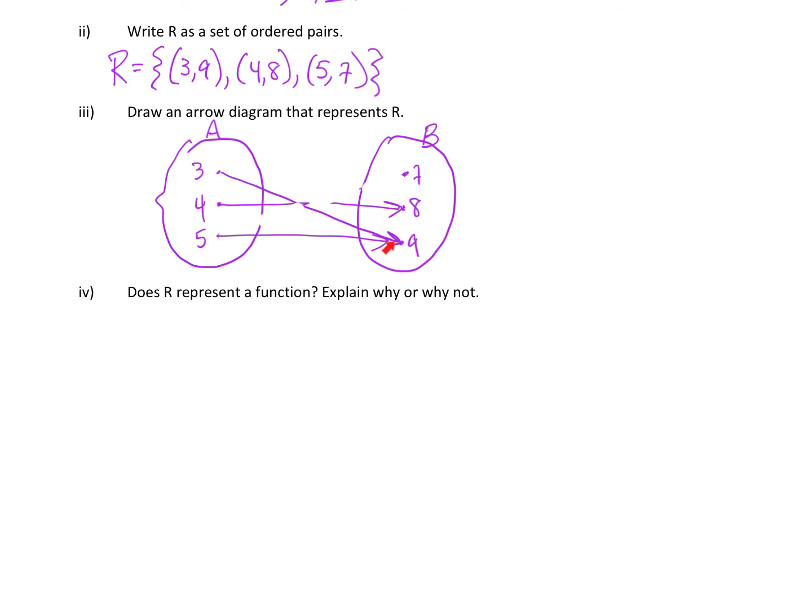So 5 goes to 9 and only 9. We're still okay. It's still a function, even though two elements of the domain go to the same place. That is allowed, okay? But it would not be allowed if 5 went to 9 and 5 went to 7, right? So if I draw this in, now it's not a function. But when I draw it the way I'm supposed to, so that 5 goes to 7 only, it's a function.